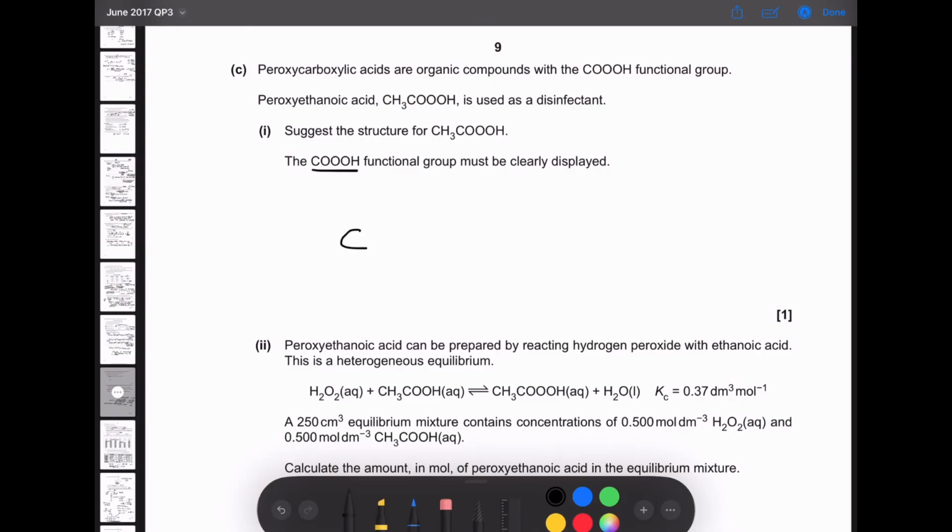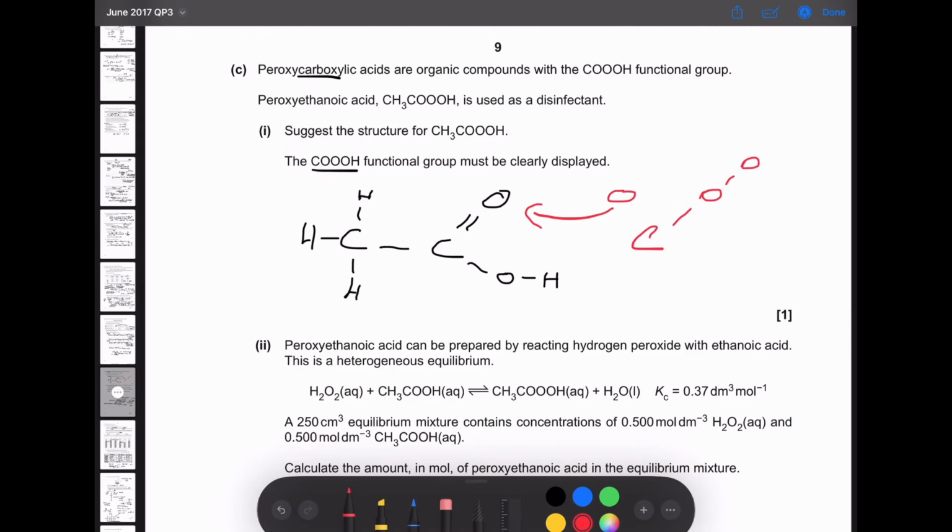So if we do CH3, and that's connected to another C, and now we've got to make this look like a carboxylic acid. It's in the name, so we're going to double bond to an O, and we'll put an O here and an H here. Now, if this is our extra oxygen, where can this go? Can it go here? Well, no, because if we did COO, then we just have another bond sitting here doing nothing.